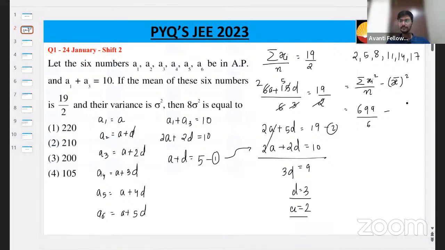19 square is 361 by 4. Correct? Can we divide it? Yes, we can divide this by 3.